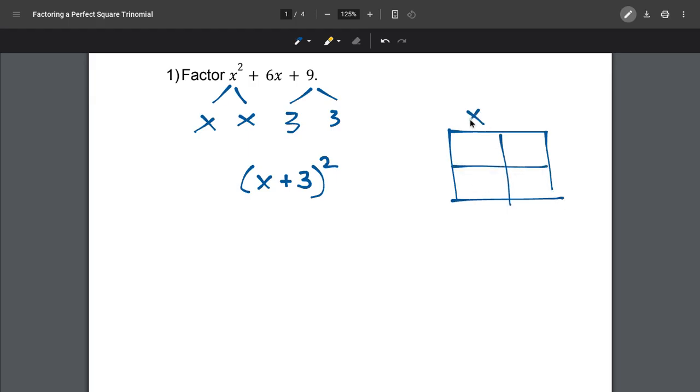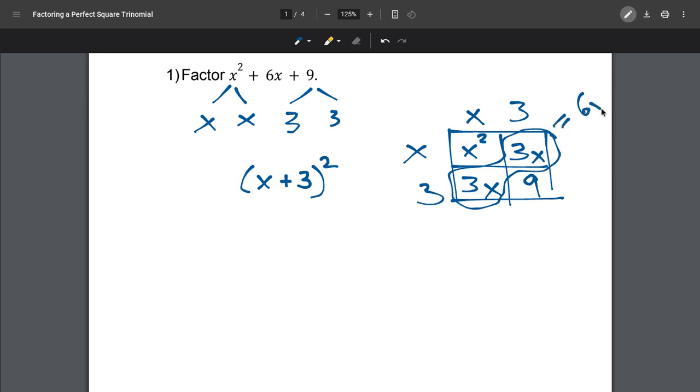So we have x plus 3 times x plus 3. Well, we get x squared. X times 3 is 3x. X times 3 is 3x. And 3 times 3 is 9. These two terms add to 6x. So you get the middle term, so you get x squared plus 6x plus 9. So it all checks out. And this is your factored form.